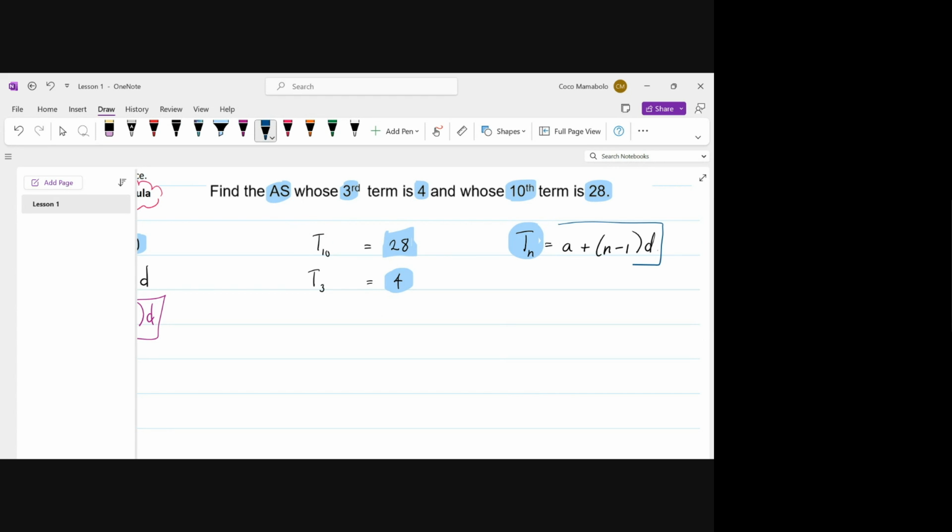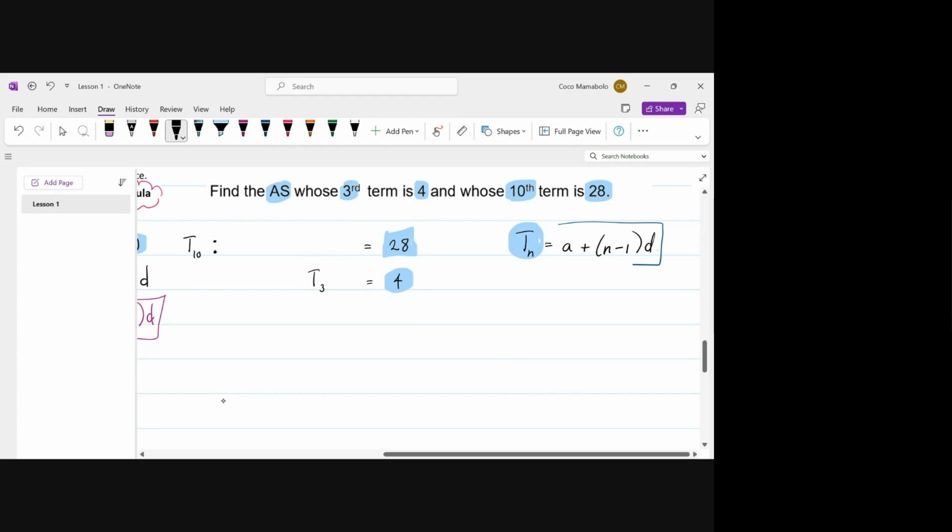Can anybody tell me what I'm going to replace T10 with on this side? Let me write it here so that we remember we're using T10. What would this side then look like? Anybody remember?